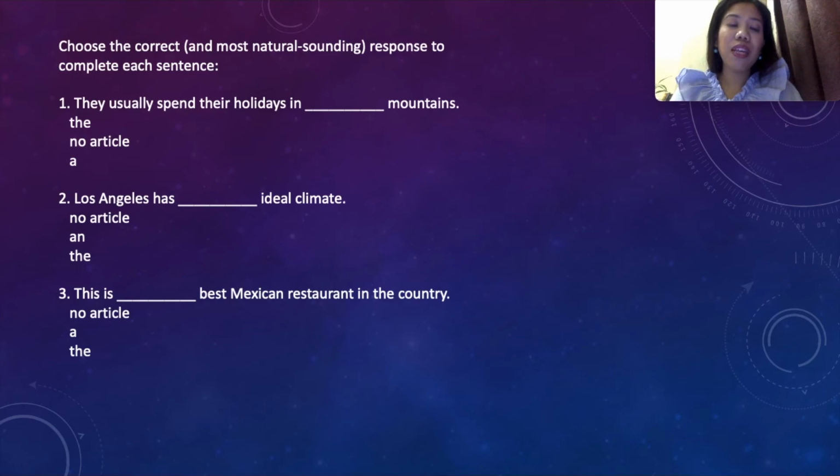Number 3, this is blank best Mexican restaurant in the country. No article, a or the. Please choose the correct and the most natural sounding response to complete each sentence.